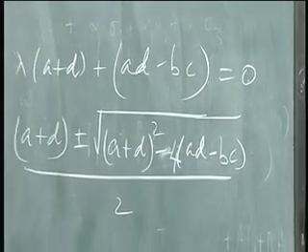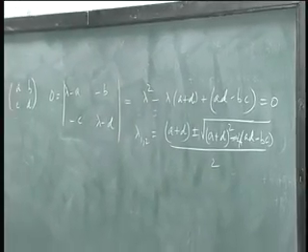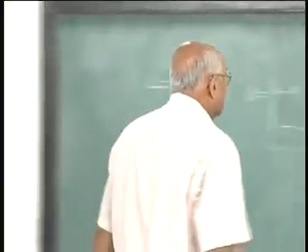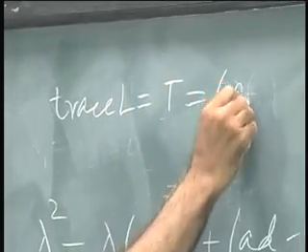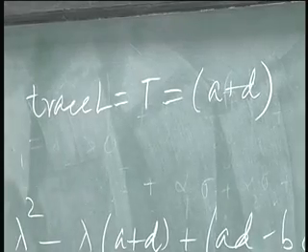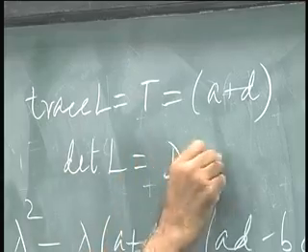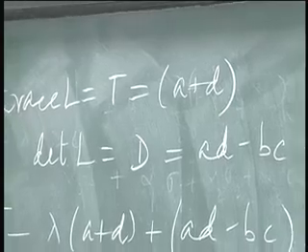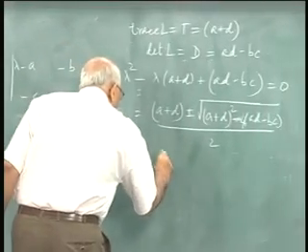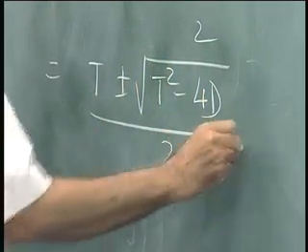But do these combinations remind you of anything? What is A plus D? It is the trace of the matrix, the sum of the diagonal elements. So I have trace L equal to T equal to A plus D, and what is AD minus BC? It is the determinant of L, equal to D. The eigenvalues can therefore be written as T plus or minus square root of T squared minus 4D, over 2.